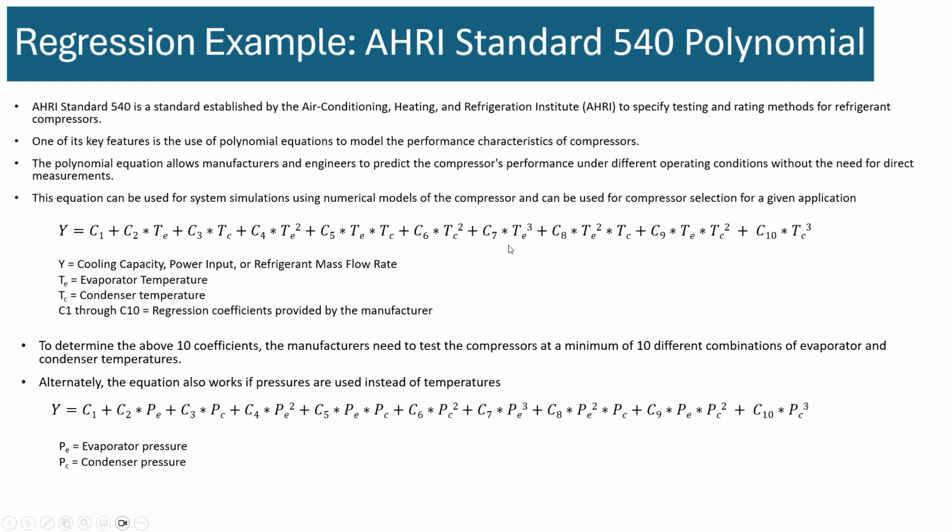The test points should represent the operating conditions very well. Imagine the operating condition as a 3D map between temperature at the evaporator and temperature of the condenser. All zones of that region should be represented to get a good polynomial curve, which can be used for predicting performance at other conditions.